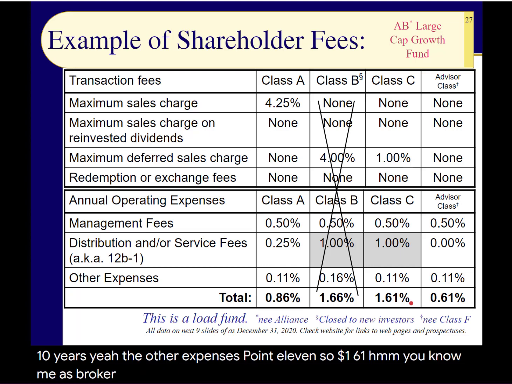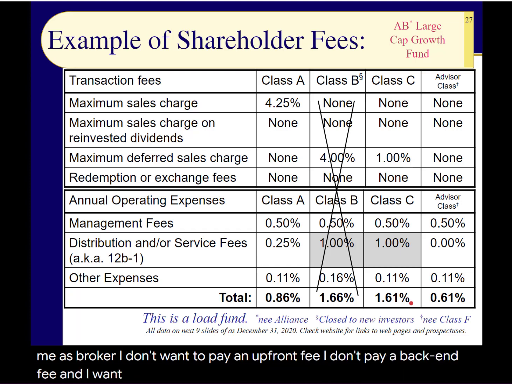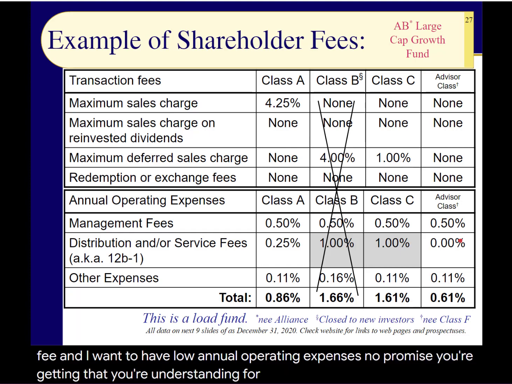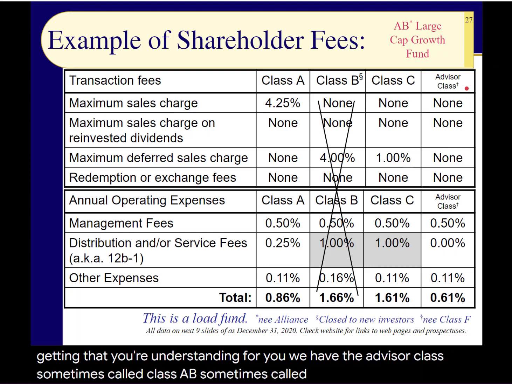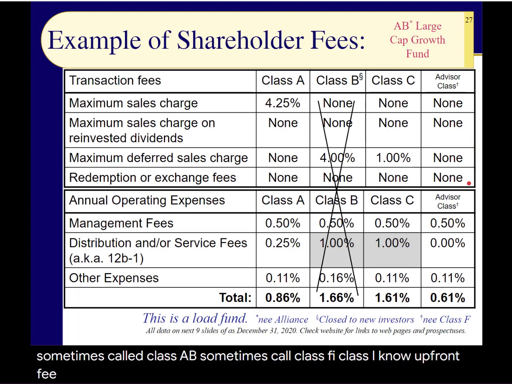Ms. Broker, I don't want to pay an upfront fee. I don't want to pay a back-end fee, and I want to have low annual operating expenses. No problem. You're getting it. You're understanding. For you, we have the advisor class, sometimes called Class F, sometimes called Class FI, Class I. No upfront fee, no back-end fee.